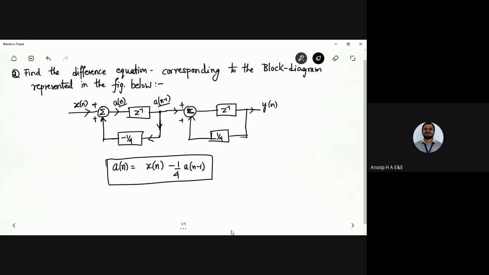Okay, so this a of n minus 1 goes here, and you are having this one which is y of n again. Okay, so what you can do here is you are going to have delayed one. Okay, so y of n minus 1 would be there, so you are going to have the delayed function of it. You can write it.